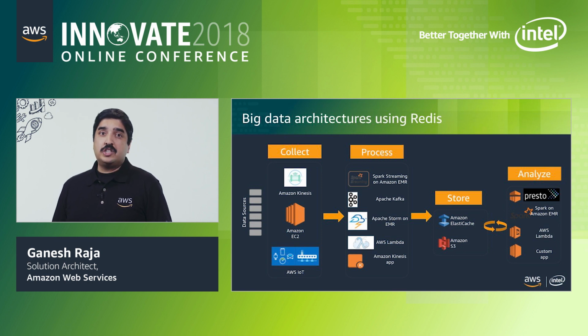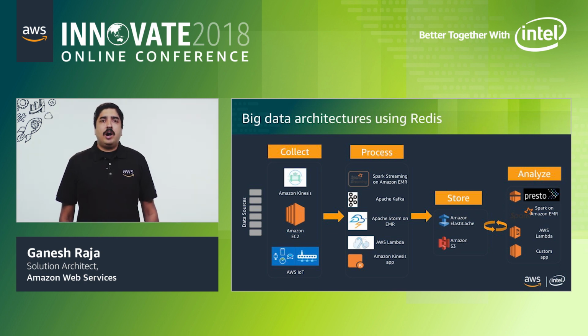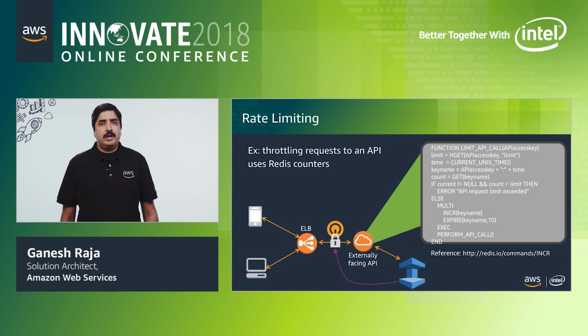ElastiCache is an ideal choice for real-time analytics use cases such as social media, ad targeting, personalization, IoT, and time series data analytics. We have organizations who are building a solution where they want certain organizations to purchase maybe different packages of how many times you can call a specific API.